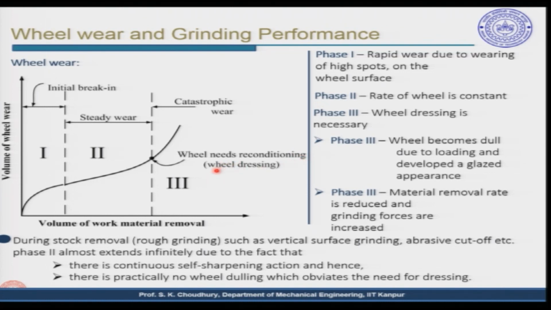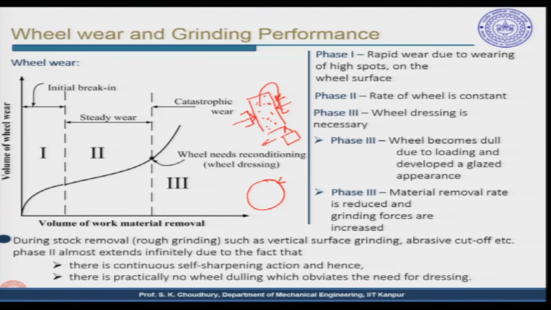This is called wheel dressing, when we take a diamond pin and with the help of the diamond pin we remove the outer layer of the grinding wheel. If you see the grinding wheel in this way, it is placed along the centers. It is rotated, this is the grinding wheel, and then there is a diamond pin.